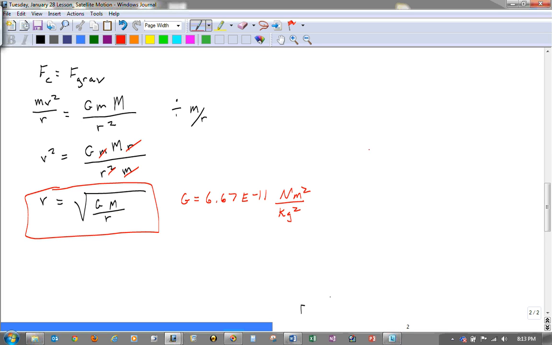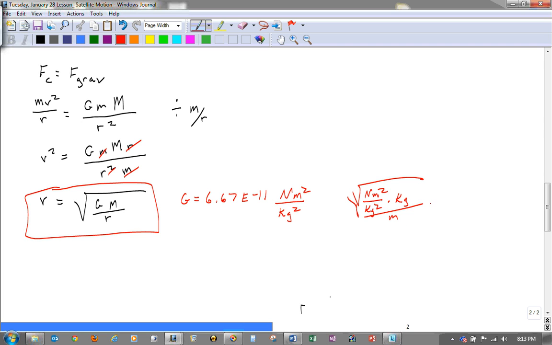And if you look at your units, inside the square root you would have Newton meter squared over kilogram squared times kilograms, all of that divided by meters.